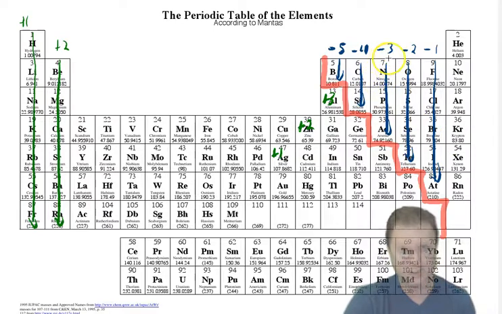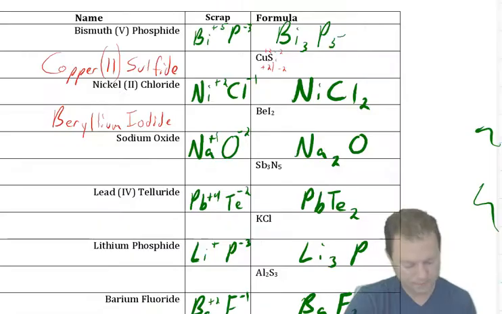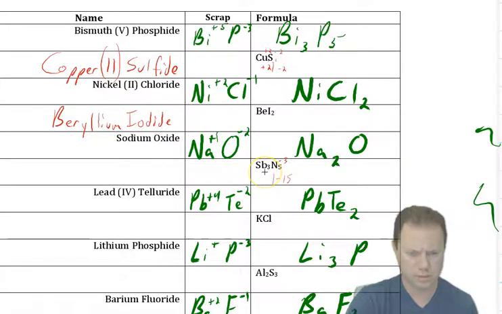I know every single negative. This one's -3. Okay, so if the nitrogen is -3, and I have 5 of them, well, that means I have -15 here as a charge, total charge. Okay. Well, that means I must have a +15 on this side. Why?